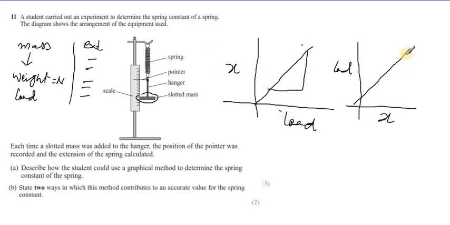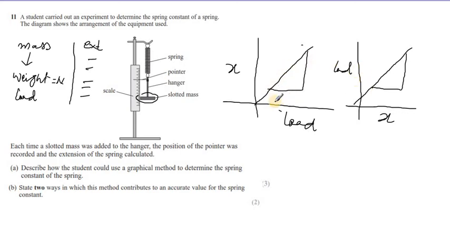According to the graph, whether load-extension or extension-load, the gradient is showing the stiffness or the spring constant. So you need to write about the graph between load and extension and calculating the gradient.